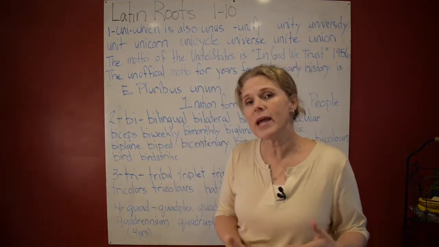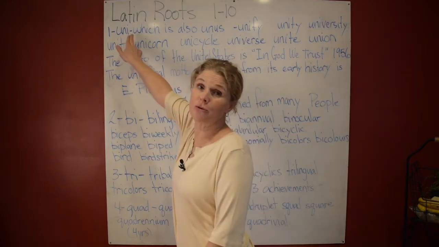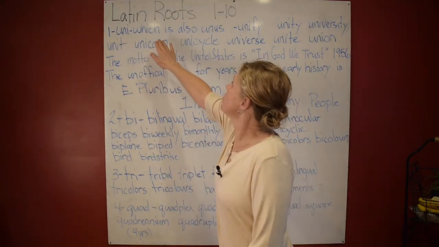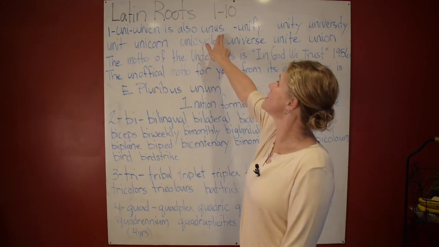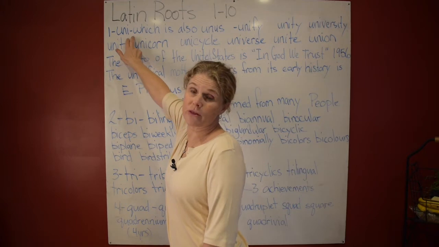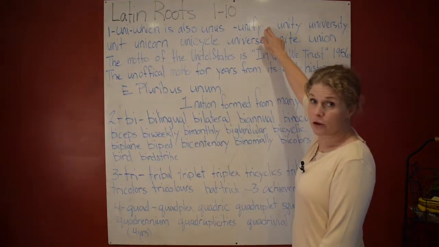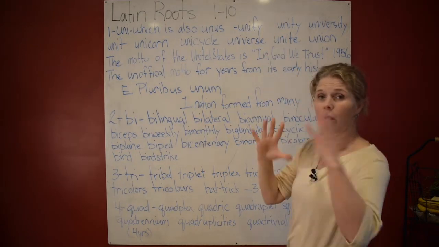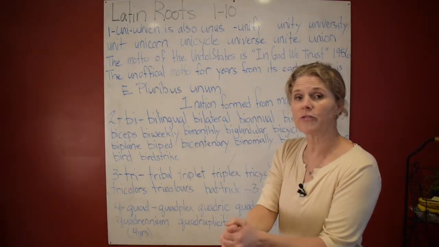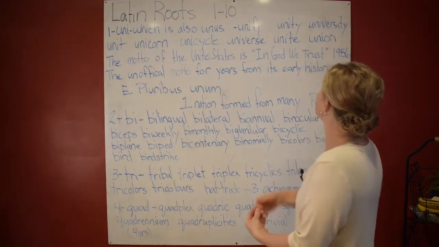All right, so let's go ahead and start with the number 1, which means uni, and which is also unus. But you'll mostly see the words with the U and I. So for words like unify, so you're all as one, you're unified. Richard and I are unified in how we raise our children.